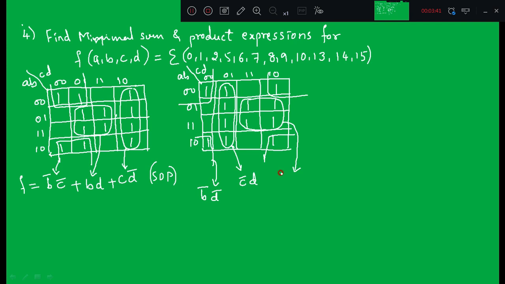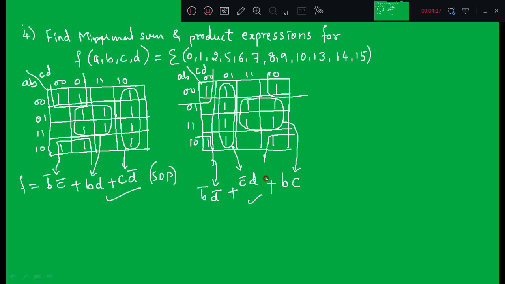It is b and c, right? So you can observe both the expressions are completely different. None of the terms is common here, because the grouping is also not common in both the K-maps. So either you write this expression or this expression, both are correct, okay? This is the minimal sum term.